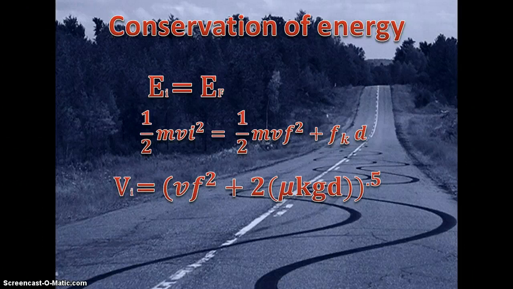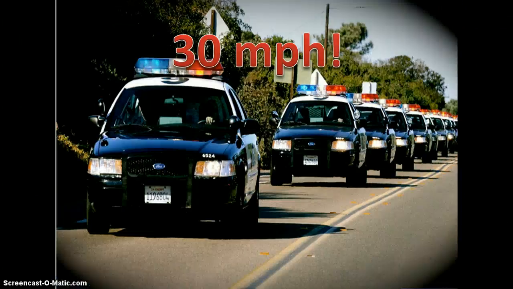Solve for v_i, and just remember we have the 9 meters per second from the last problem. Plug in our numbers, and v_i is 13.7 meters per second. Convert that to miles an hour. That is 30 miles an hour, and Mr. Souza is in fact going to jail, and Mr. Truckman can now sue him for everything he has.